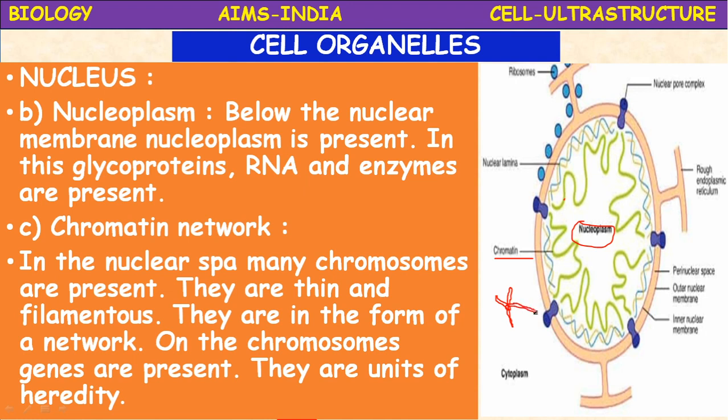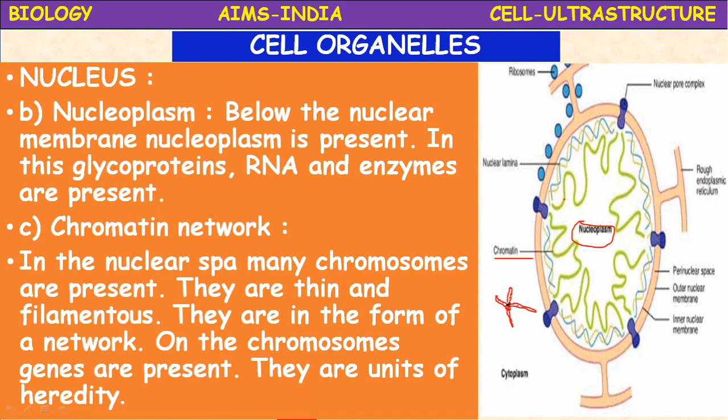On the chromosome, small units are present. Each chromosome may contain hundreds of these units, called genes. What are genes? Genes are the vehicles of heredity. They carry characteristics from parents to offspring, children. That's why the chromatin material is very, very important.